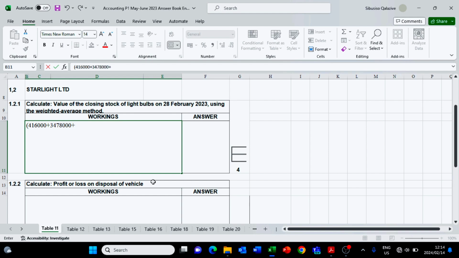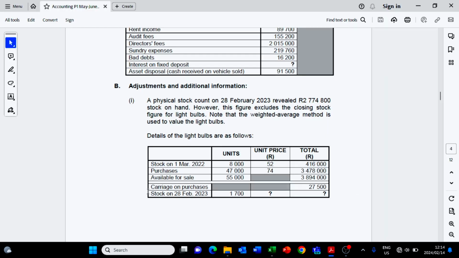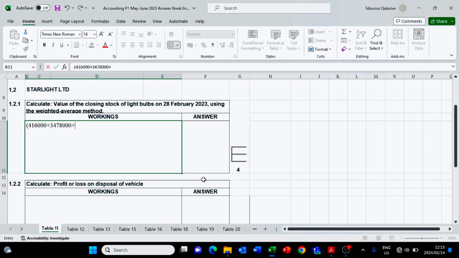Plus the carriage on purchases, which is 27,500. I hope we are together with that one. 27,500, also put in brackets, divide.